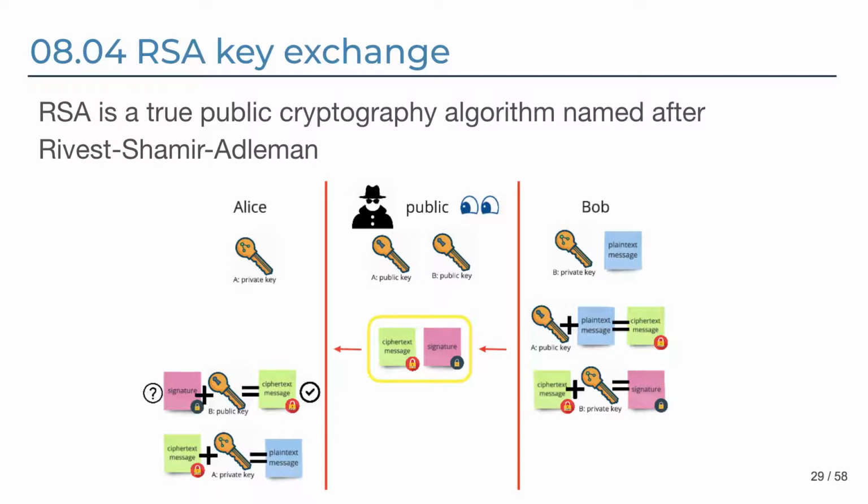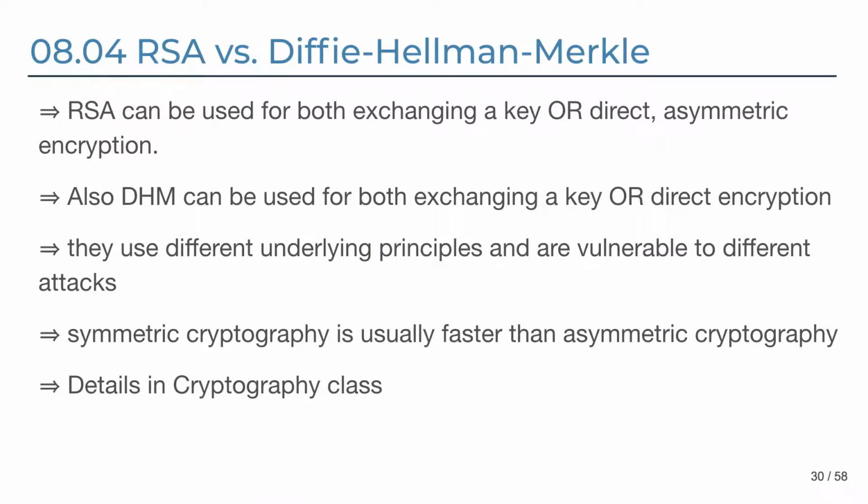It sounds very similar to Diffie-Hellman, however, there are a lot of differences in the underlying math, so they are two different principles for how you can perform key exchange. And again, all the details are usually lectured in a cryptography class.